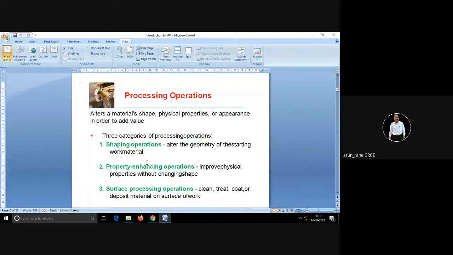So processing operations are classified under shaping operations. So shaping operations, is it chipless or chip removal process? Come on, please be fast. So it depends.